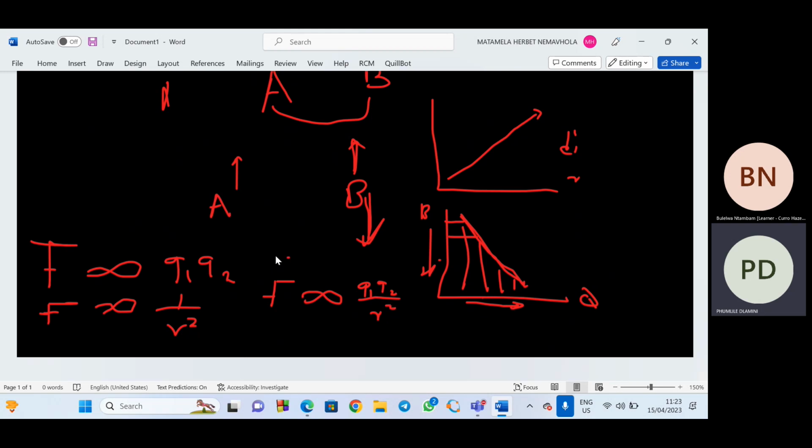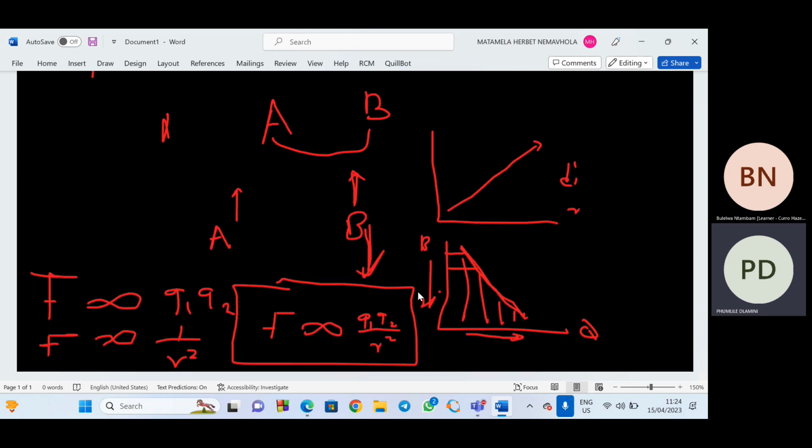So when you interpret this, it means that force is directly proportional to the product of the two charges, and inversely proportional to the distance squared.